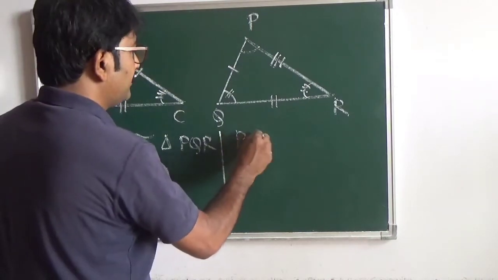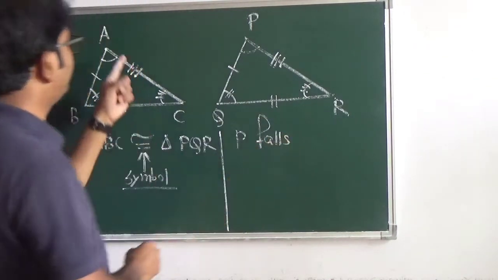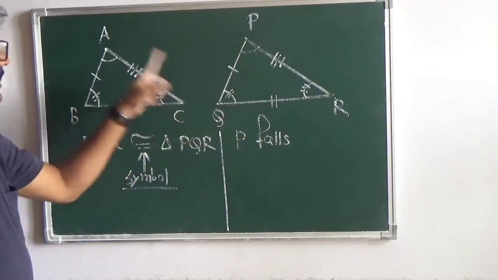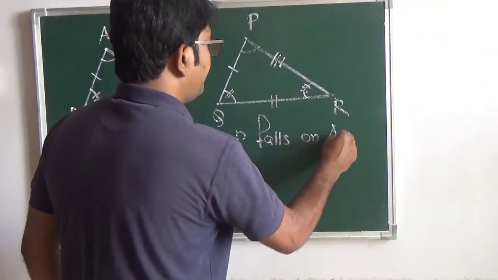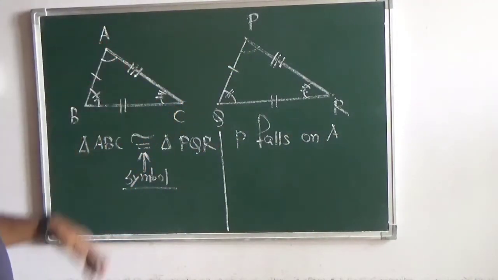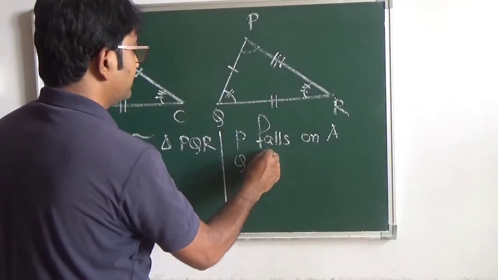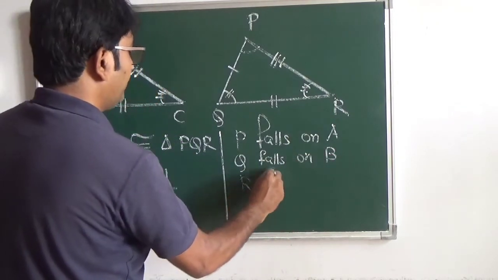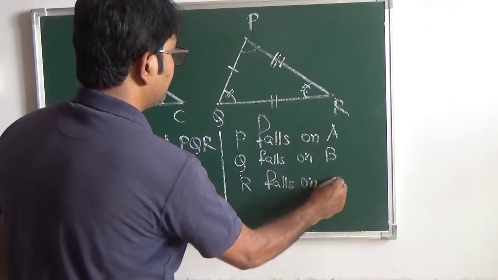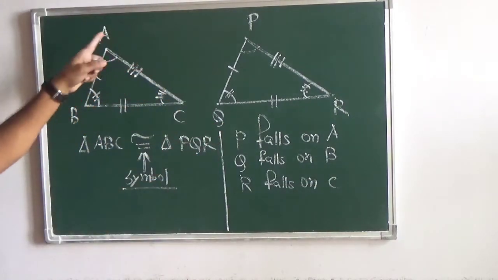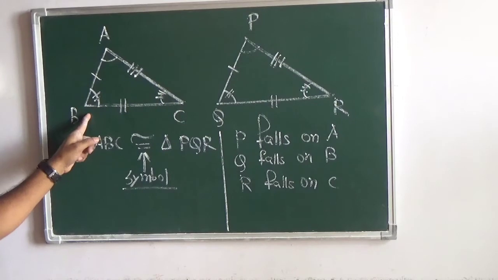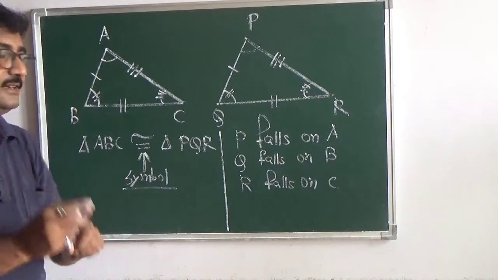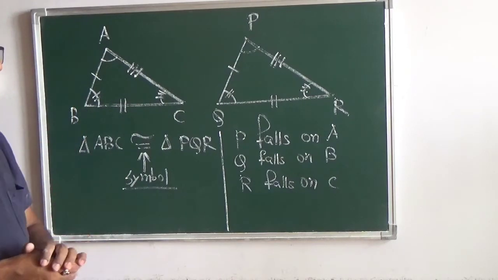The vertices are A, B, C, and here the vertices are P, Q, R. Then vertex P falls on A, Q falls on B, and R falls on C. So A and P will overlap, Q and B will overlap, and R and C will overlap, giving us the effect of only one triangle, that is, they are equal in shape as well as in size.